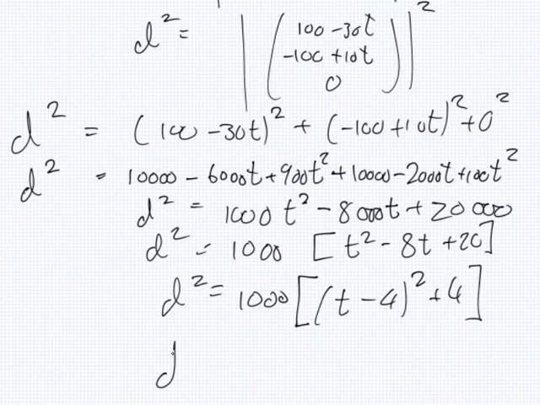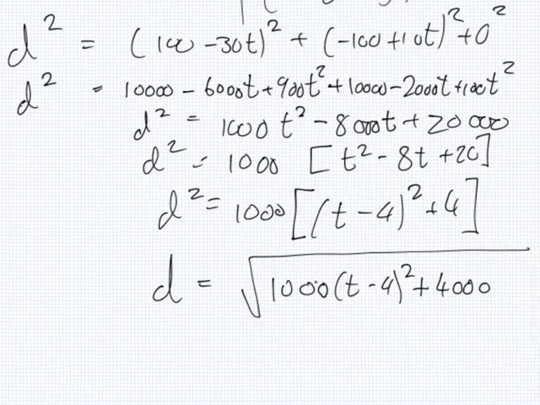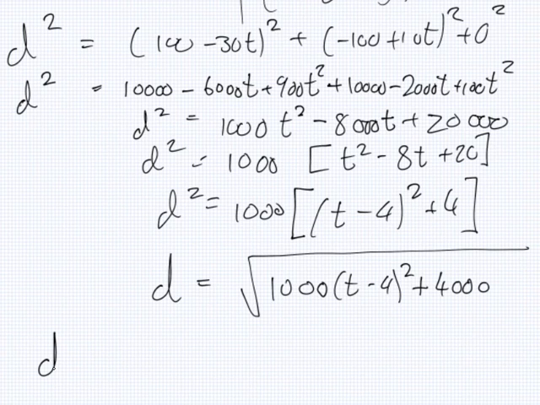So you could say d is the square root, if we bring the square root back now, of 1000 (t minus 4) squared plus 4000. If I multiply that back in and then square root it, you can see d has a minimum value of what? Square root 4000, yes.